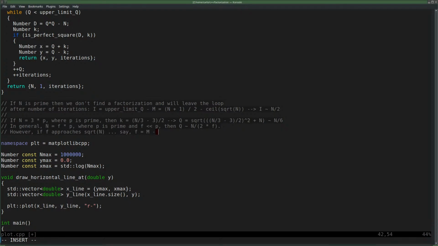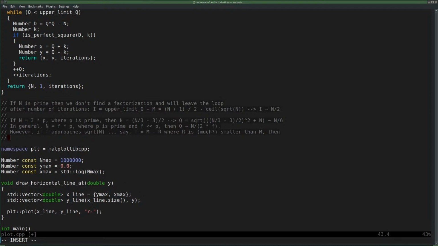R. Oh, R. Okay, in that case, what does Q have to be so that we have our factorization?